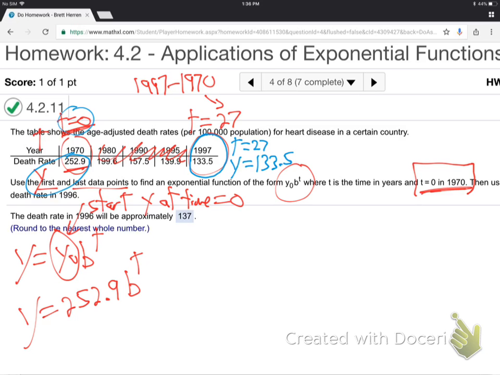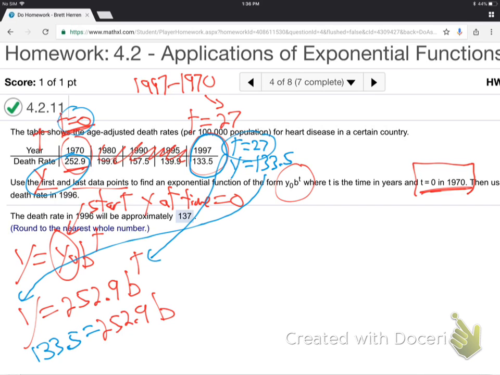So if I plug in 133.5 for Y over here, and I plug in for the T right there, then I can solve that equation for B. Are you tracking with me?